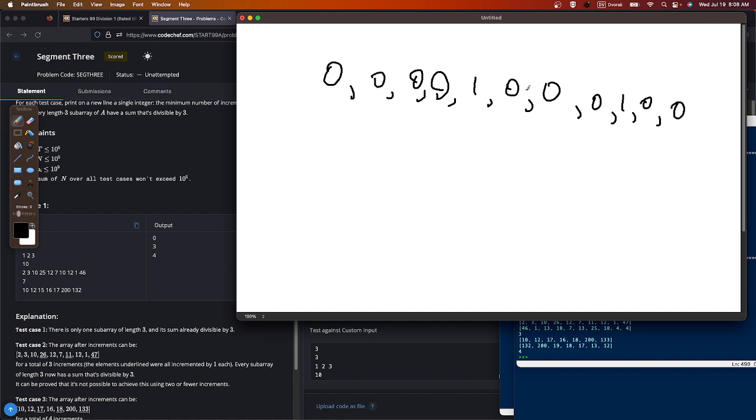Okay, from this array, I'm thinking there's a point somewhere in this array. I don't know where it is, but everything to the left of that, you just try and subtract everything going to the left. And everything to the right, you do the opposite.